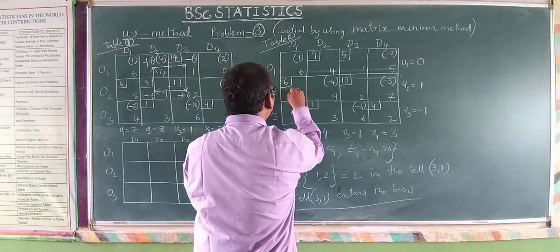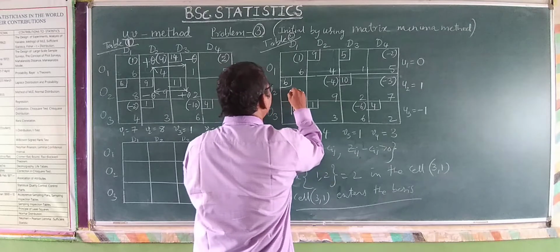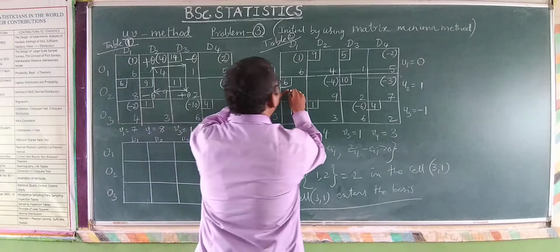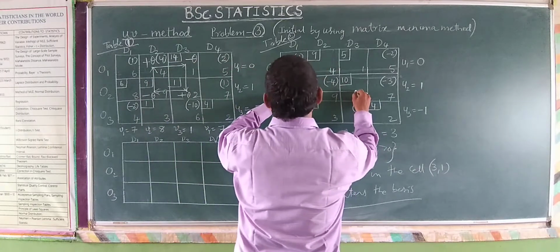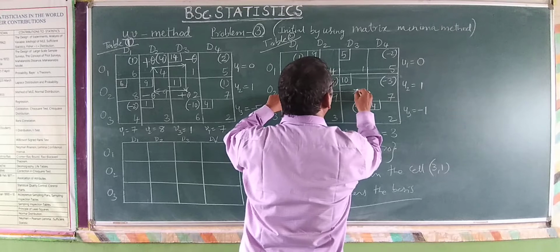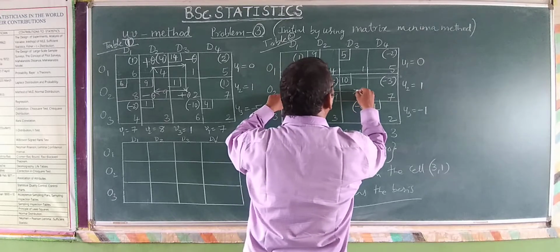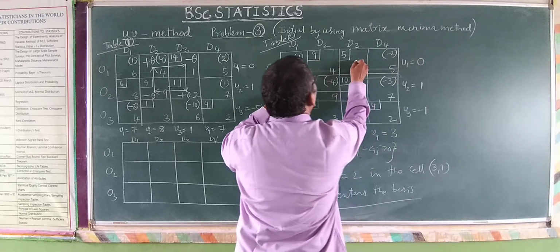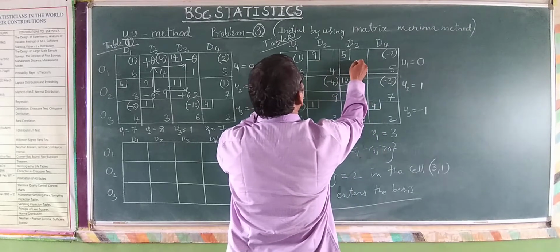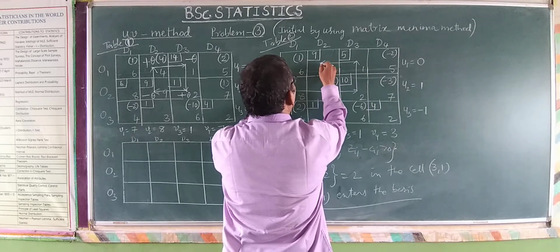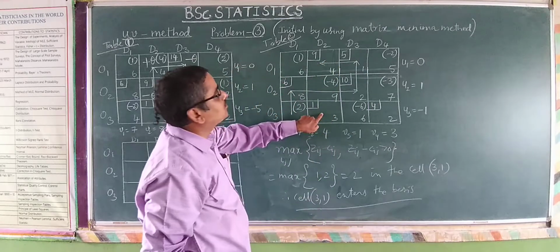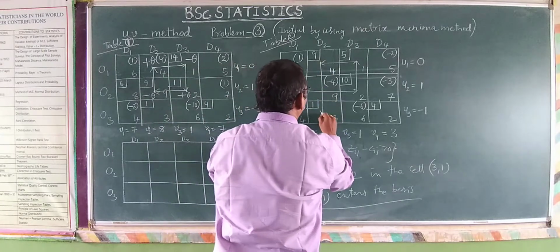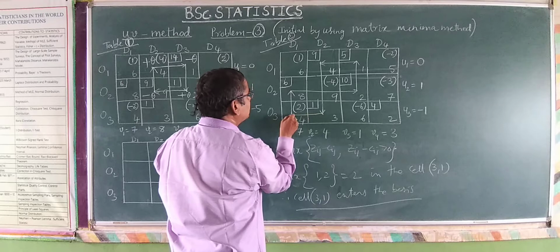You see here, I am going in this direction. First I go to cell 2 comma 1, and then directly to cell 2 comma 3. Put an arrow mark clearly. I am taking arrow marks, and again going to cell 1 comma 3, then cell 1 comma 2, and then cell 3 comma 2, and again I come back to cell 3 1.